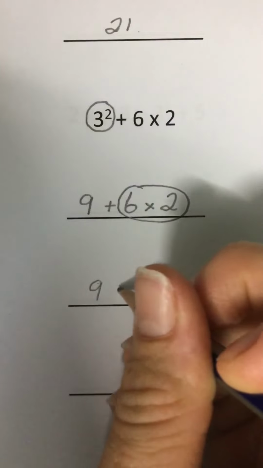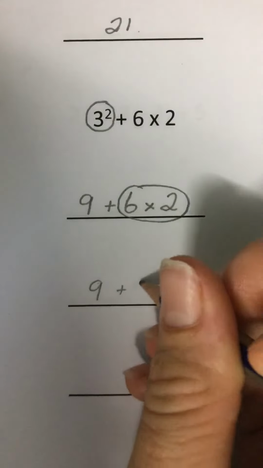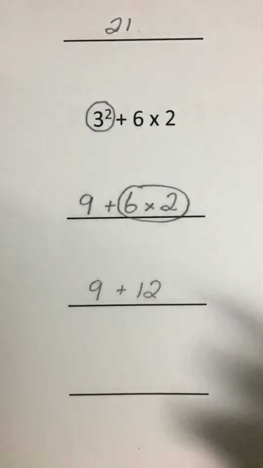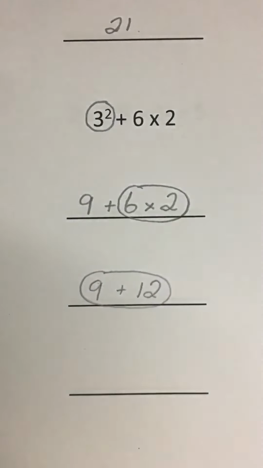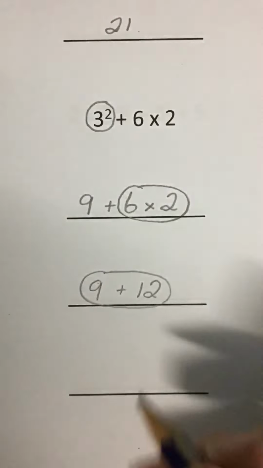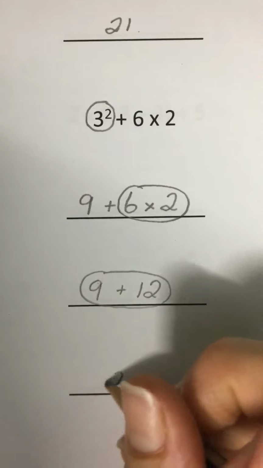So now we have 9 add 12, and that there will be our last operation to complete. So 9 add 12 is 21.